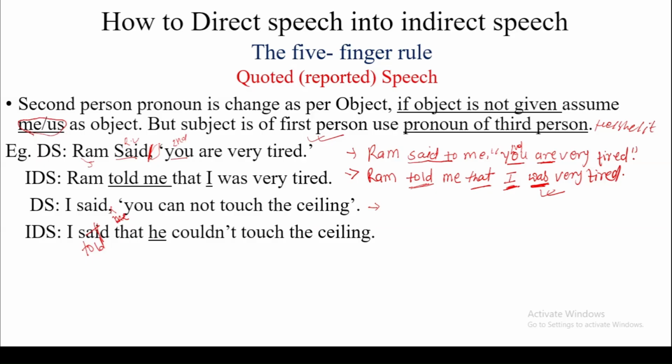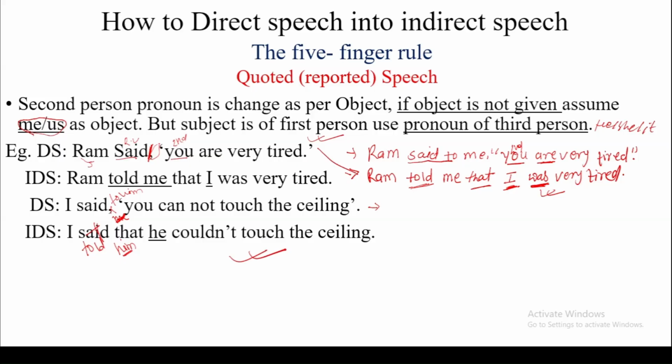Obviously there will not be any sense, so "I said to him". So we have to use the pronoun of third person. I said to him that he could not touch the ceiling.